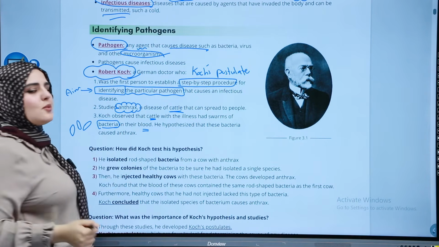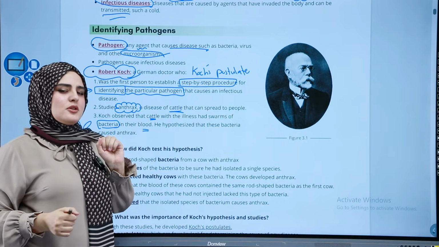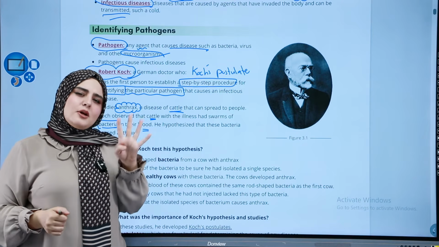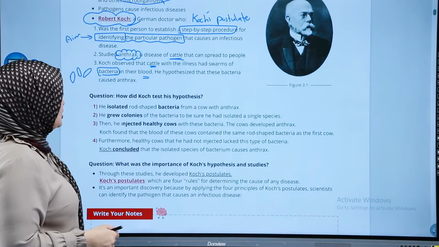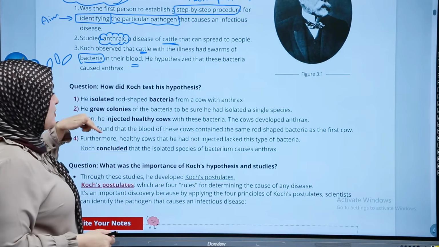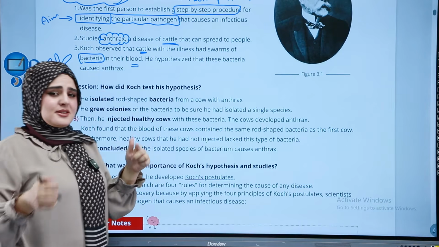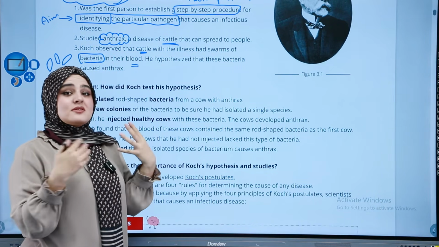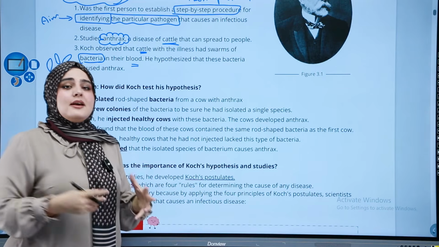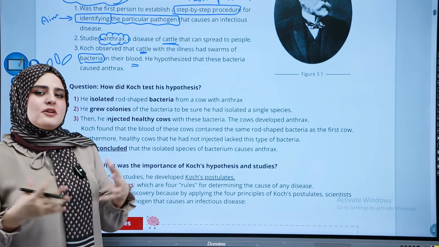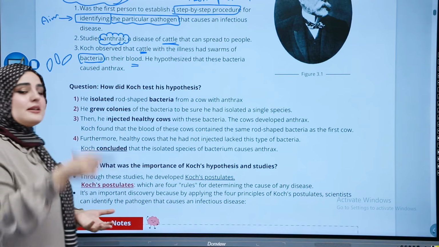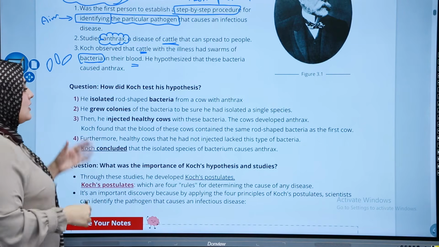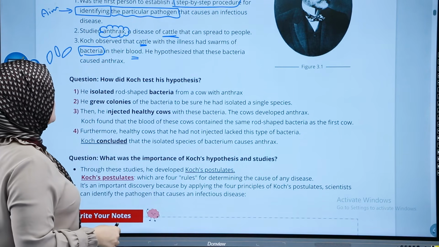If that's the case, he wanted to know whether this was actually the cause of the disease. So he developed a four-step procedure based on his hypothesis. It was a hypothesis because science was not as advanced as today to know how to deal with this stuff. He designed all this, and until this day we use this method because it's so useful.